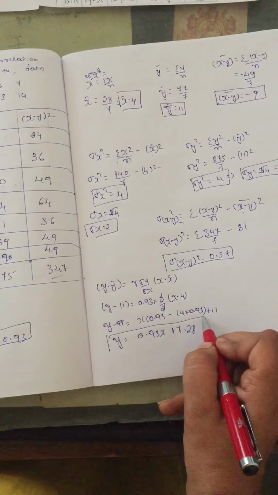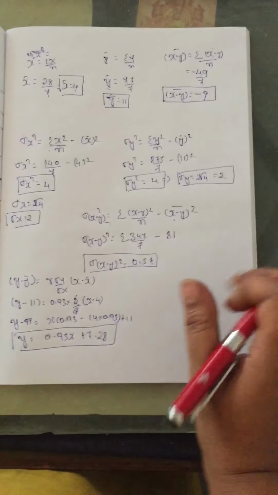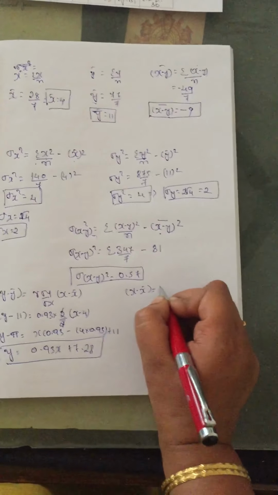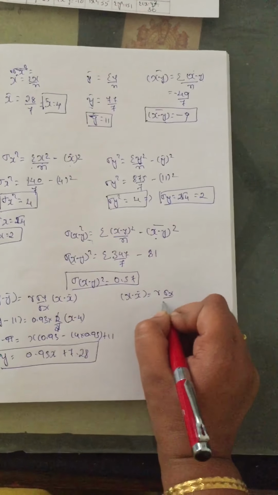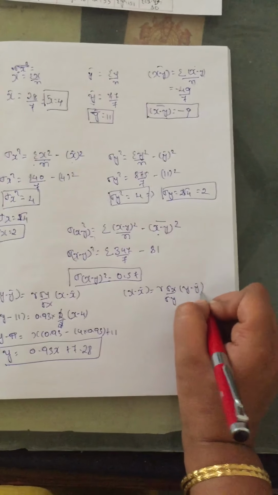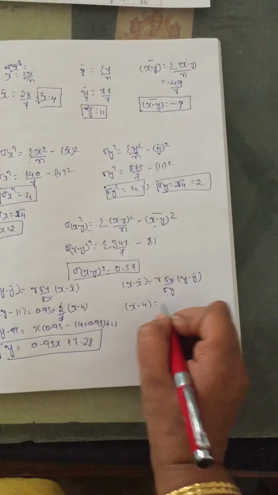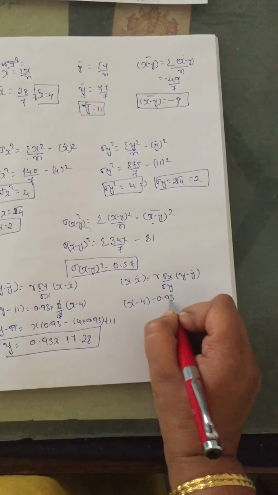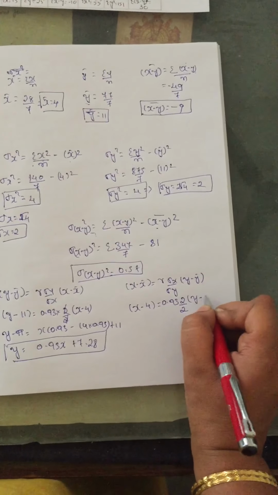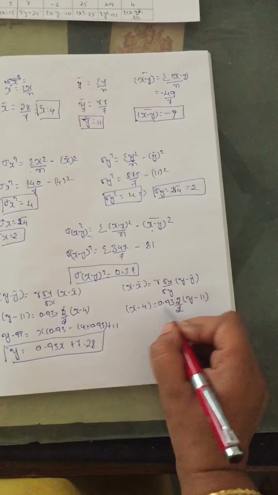This is the line of regression y on x. And the regression line x on y, that is x minus x bar, which is equal to r into sigma x divided by sigma y into y minus y bar. That is x minus x bar value 4, r value 0.93, sigma x value 2, sigma y value 2, y minus y bar value 11. Okay, then the 2 cancel.